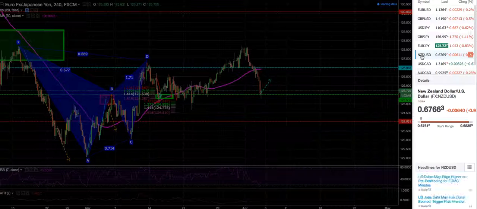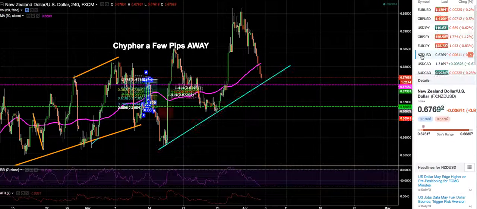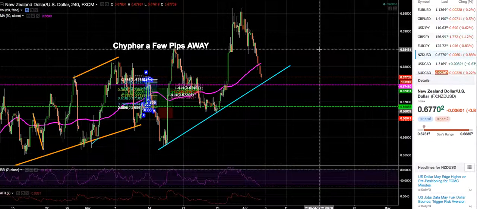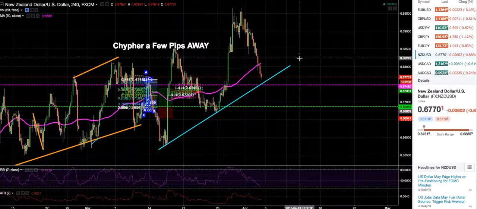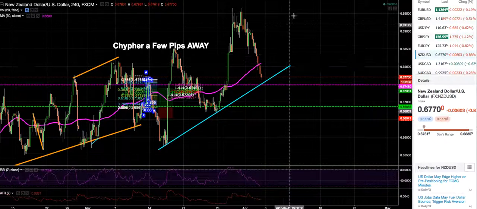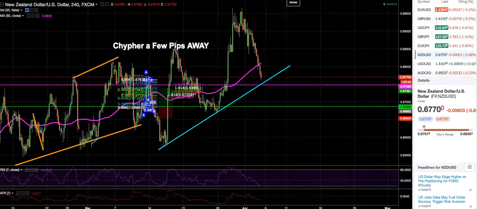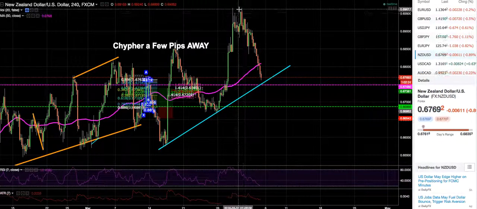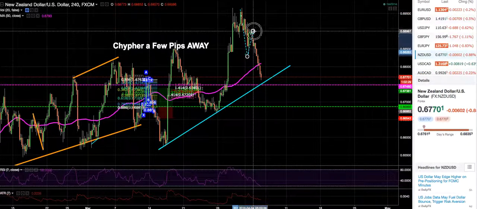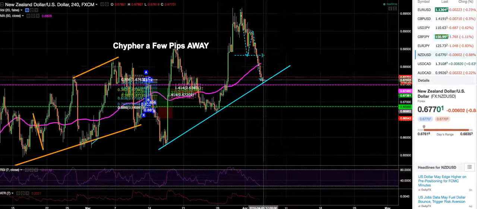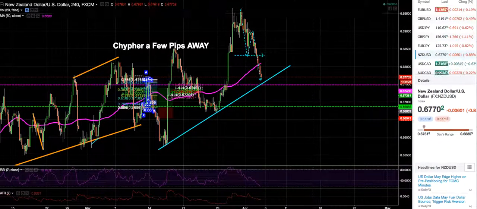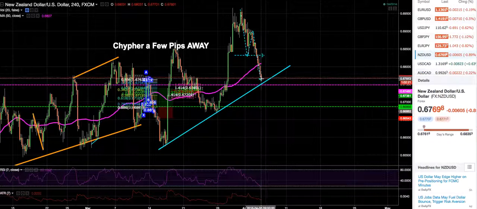Continuing on, New Zealand dollar. This is what I have on the New Zealand dollar, this trend line right here. Obviously the market has, you can see it a little better right here, broken through. If we're expecting the market to go a little lower, this is a likely scenario.